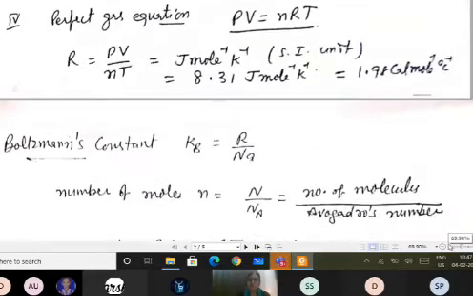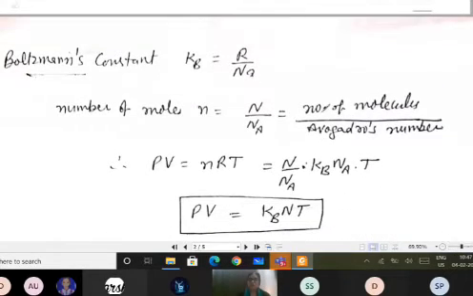Like for the Boltzmann constant, Kb is the symbol, which equals the gas constant R divided by Avogadro's number. If I want to write the ideal gas equation in terms of the Boltzmann constant, I should know that the number of moles equals the number of molecules present in the gas divided by Avogadro's number.